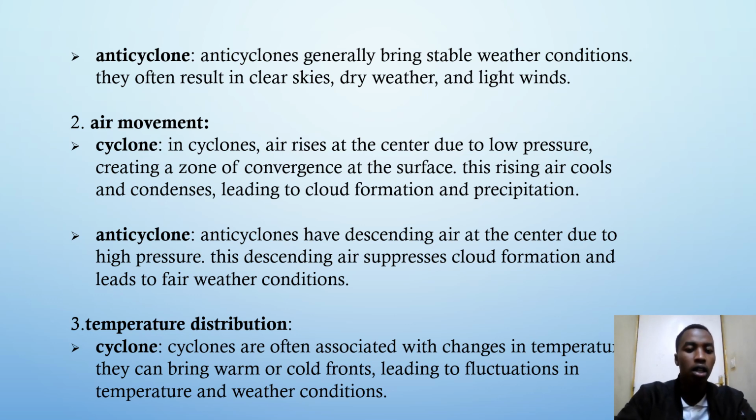Let me start with cyclones. In cyclones, air rises at the center due to low pressure, creating a zone of convergence at the surface. This rising air cools and condenses, leading to cloud formation and precipitation.